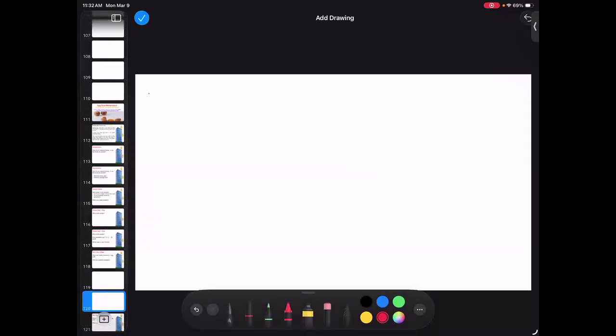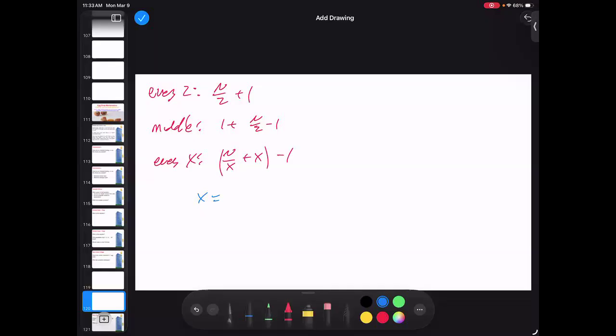We have, every 2 was basically n halves plus 1. The middle was basically 1 plus n halves minus 1. Every x is n over x plus x minus 1. So if we put in some values of x, do you want to take n equals 100 just for niceness?